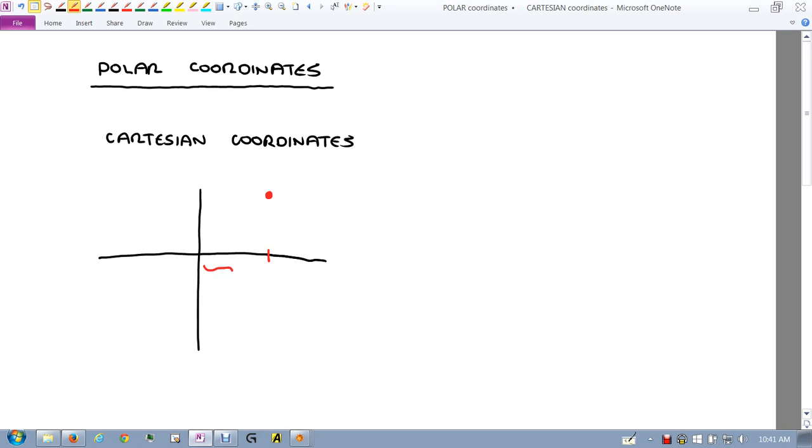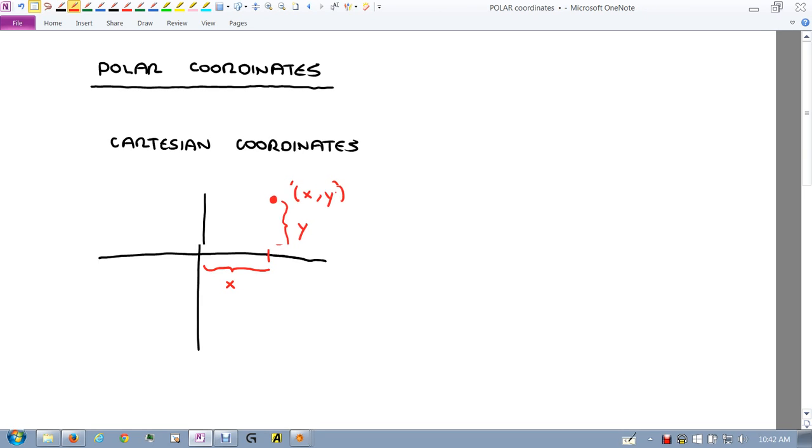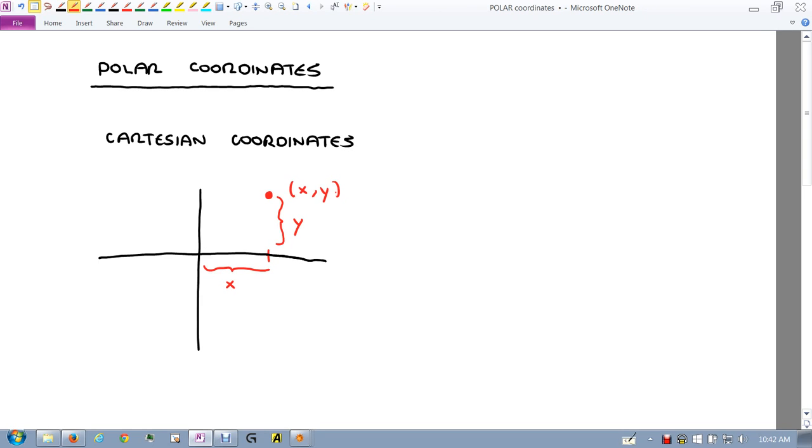We have to give you a distance to go along the x-axis, and then a distance to go vertically parallel to the y-axis, which would be your y-coordinate. And if you follow those instructions of going out x and up y, you will find yourself at the point xy, right? That's Cartesian. So everything is done in almost like a grid format.